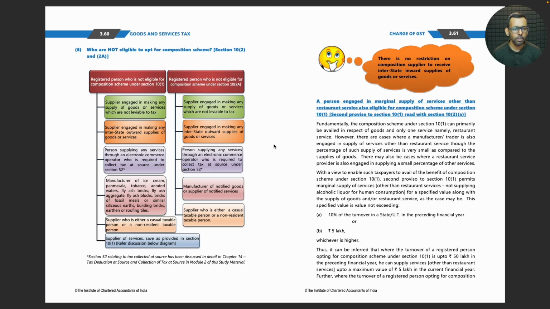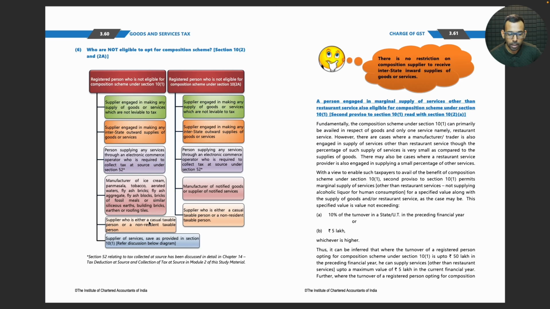A registered person who is not eligible for composition scheme under 10 subsection 1: a supplier engaged in making any supply of goods or services which are not leviable to tax; a supplier engaged in making any interstate outward supplies of goods or services; a person supplying any services through an electronic commerce operator who is required to collect tax at source under section 52; a manufacturer of ice cream, pan masala, tobacco, aerated waters, fly ash bricks, fly ash aggregate, fly ash blocks, bricks of fossil meals or similar siliceous earths, building bricks, earthen and roofing tiles. No composition.